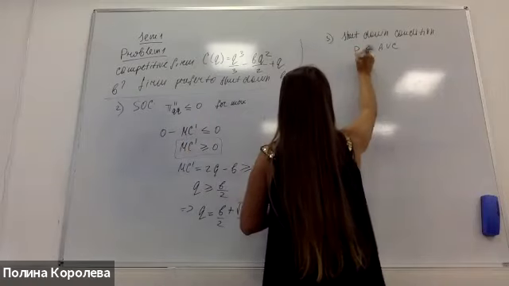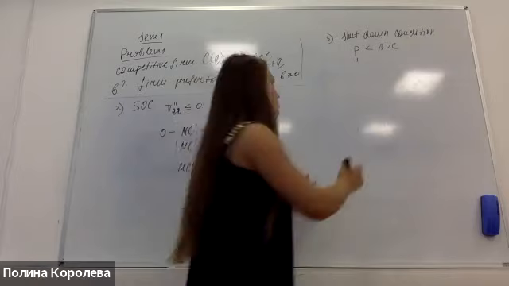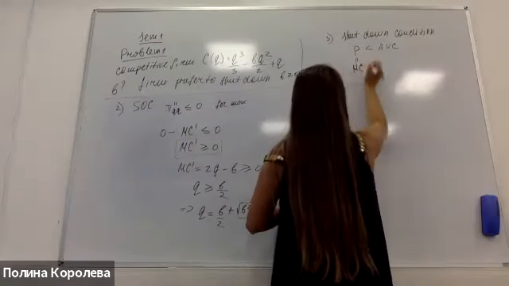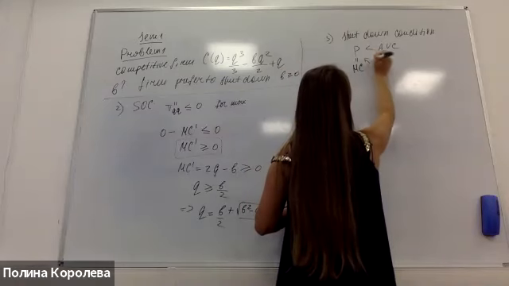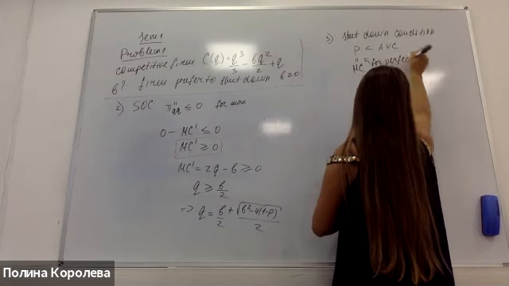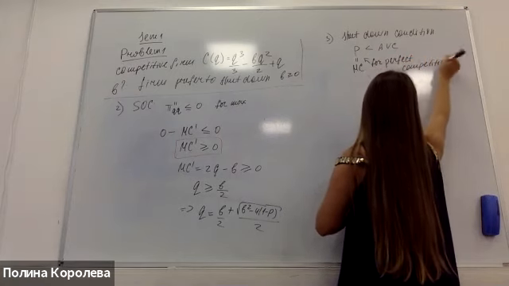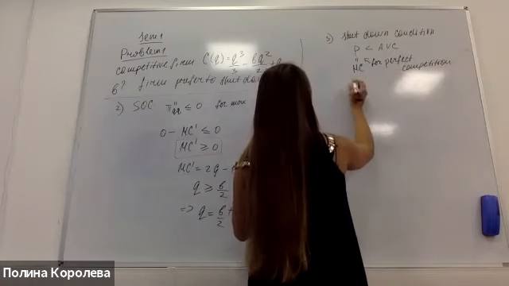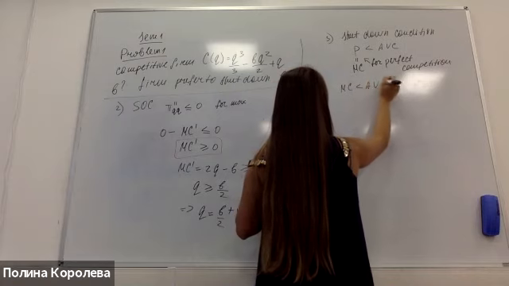Price is equal to what? Marginal cost, yes. So we should use this. This is only for perfect competition. So marginal cost should be less than average variable cost.